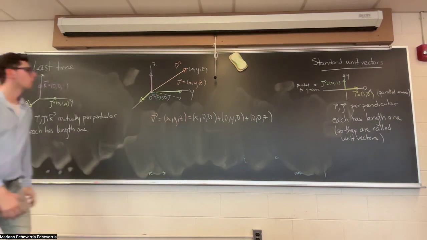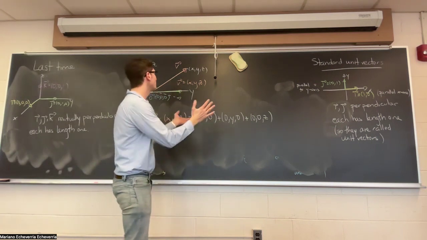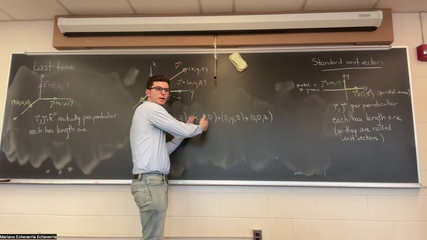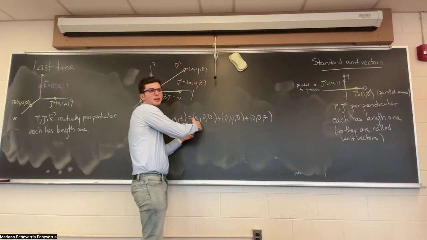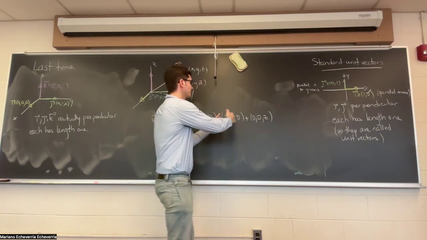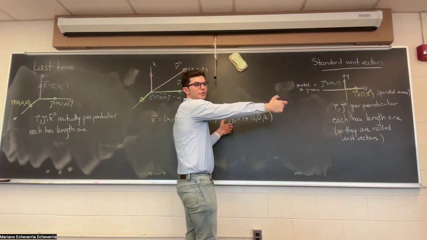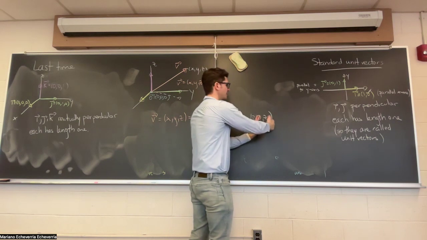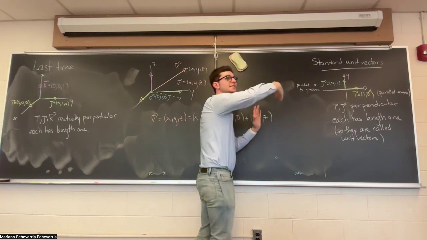And then what is this vector? If you think about it, this is like the vector i, but rescaled by a certain amount. What amount? The amount x. And then this is like the vector j, but rescaled by a certain amount. What amount? The amount y. And the same with this one. It's like the vector k, but made z times bigger.